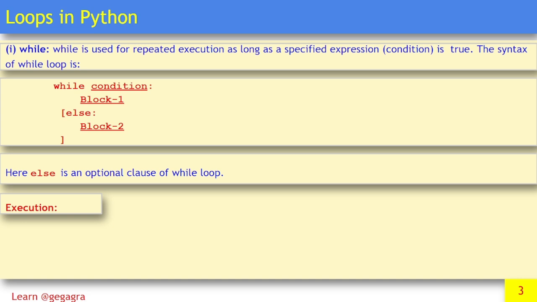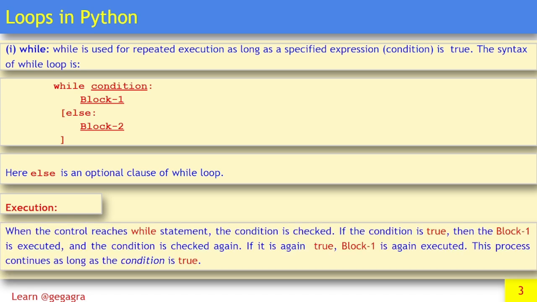But what should be the execution of the syntax? The execution of the syntax is: when the control reaches the while statement, the condition is checked. If the condition is found to be true, then block 1 is executed, and the condition is checked again.